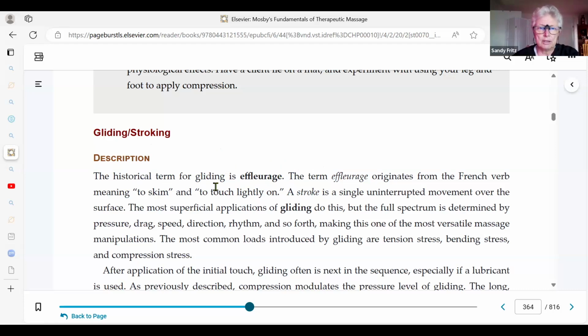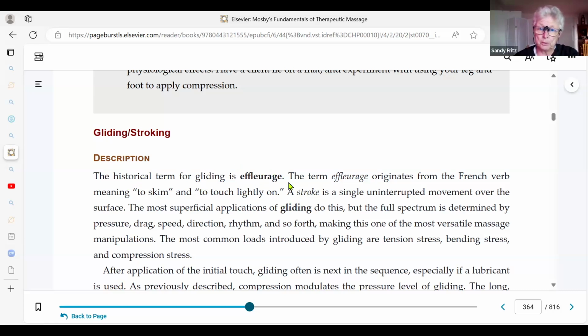And if they are talking about specifically the Swedish/classical form of massage, and they're asking about terminology that has use connected to that specific form, then it would be appropriate to use effleurage. But it's not accurate to use it in any other set of circumstances.